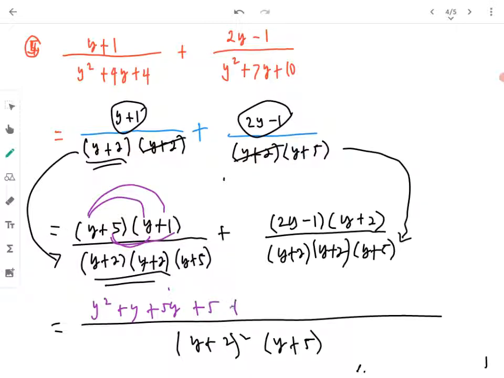There's nothing to worry because it's plus. And we have 2y squared. We have 4y. And we have negative y. And we have negative 2. Combining all those common, I think we just need to write it here.